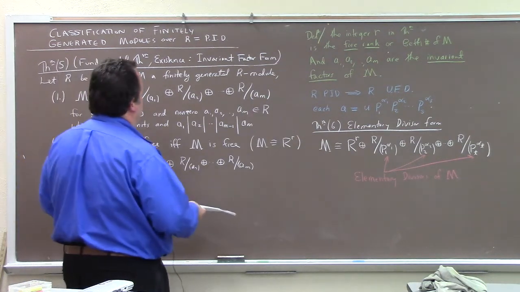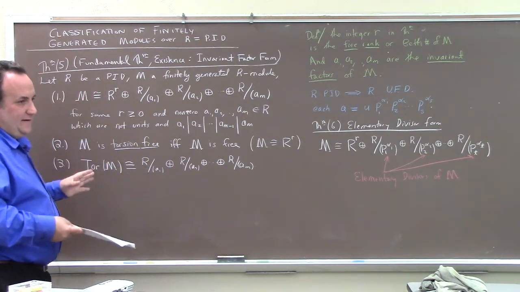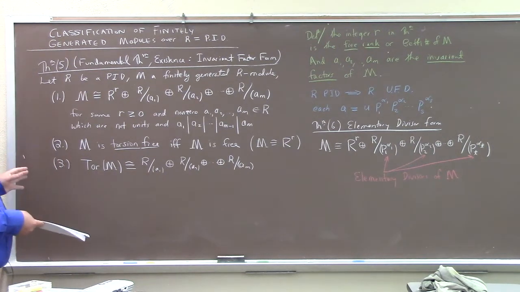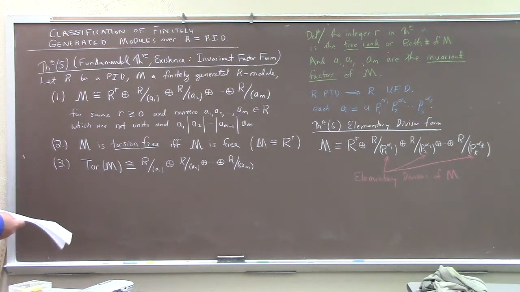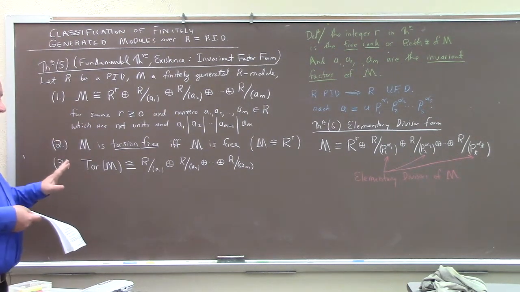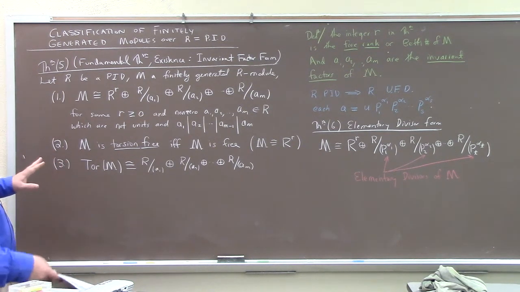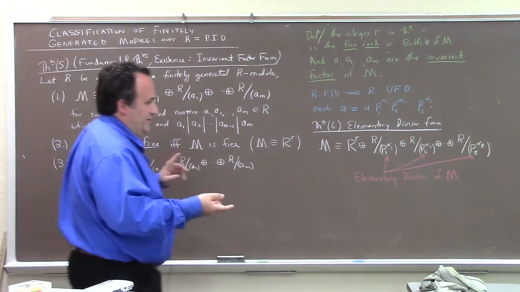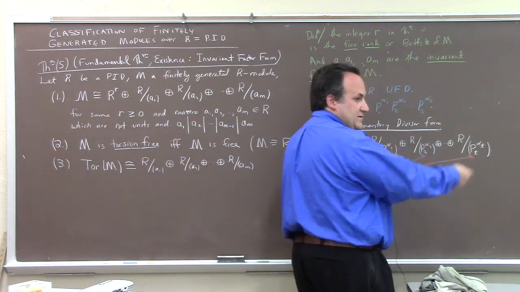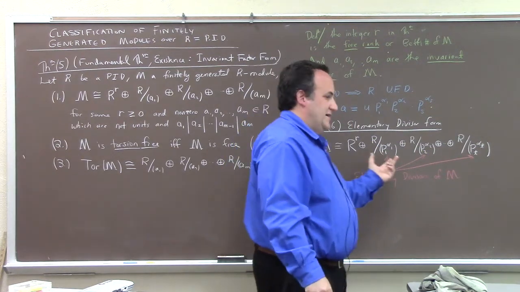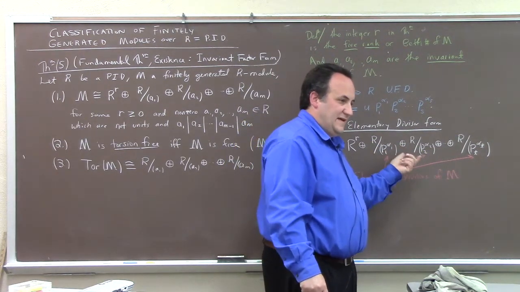So the claim is essentially that you can classify a given R module either by giving its free rank and a list of invariant factors that have to satisfy these divisibility conditions, or you could classify M by giving its free rank and a list of elementary divisors, right? And of course the elementary divisors are a little bit trickier because these could be written in any old which way. The direct sum decomposition is commutative in that sense.